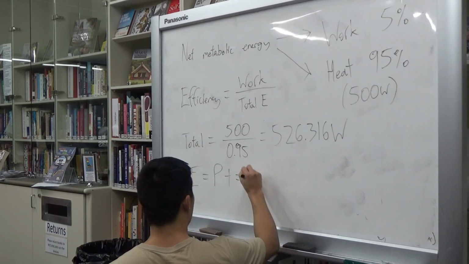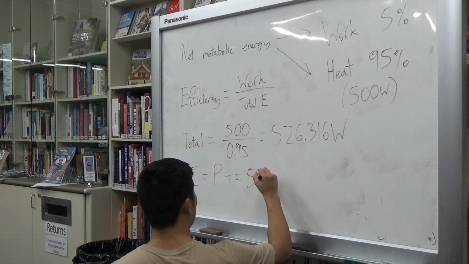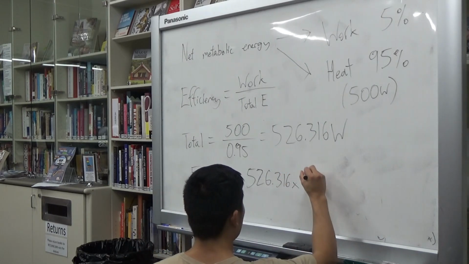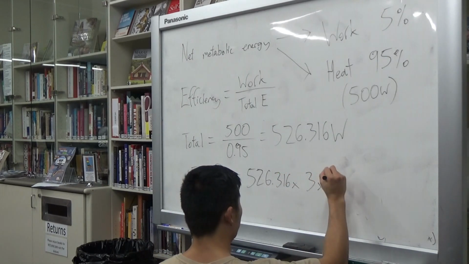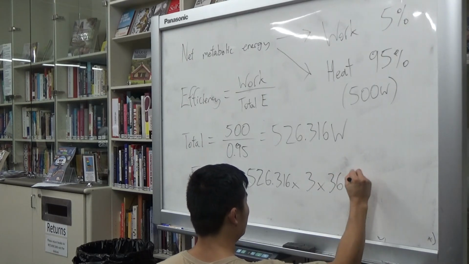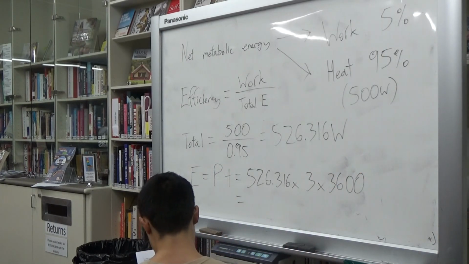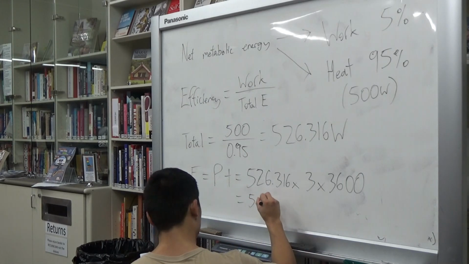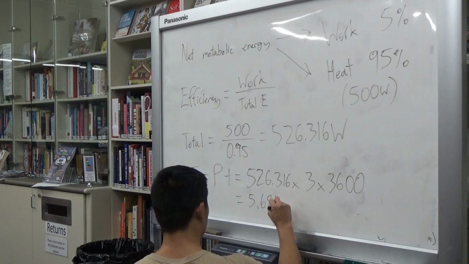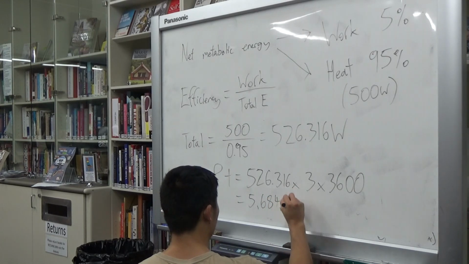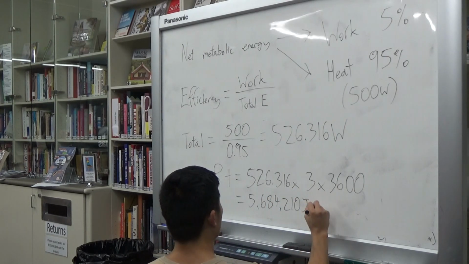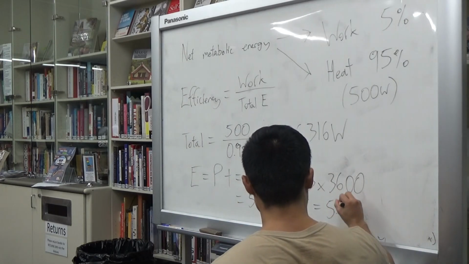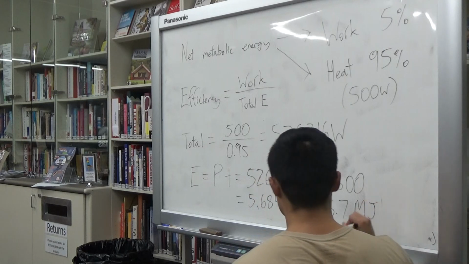So power is 526.316 times 3 hours. So in seconds, that's going to be 3 times 3,600. And that will be 5,684,210 joules, which in megajoules is 5.7 megajoules.